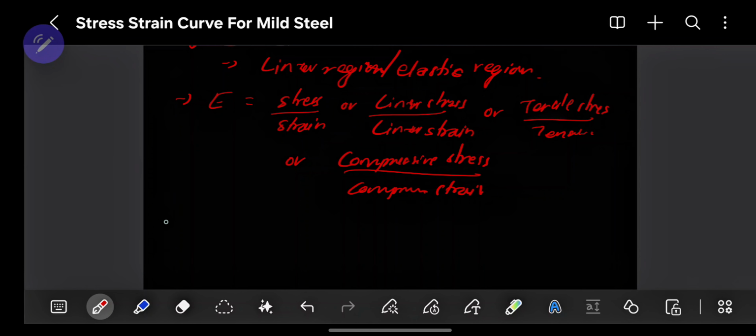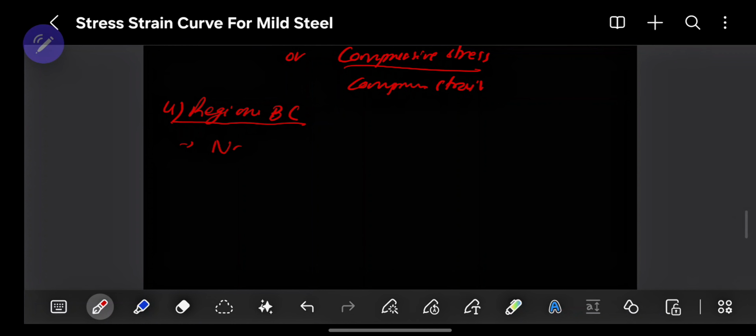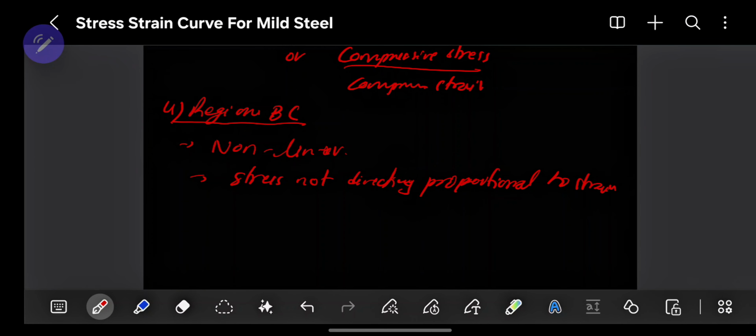So moving on to the region BC. This region is non-linear, which means that stress is not directly proportional to strain. In this region we can actually see the factor of safety, that is FOS.